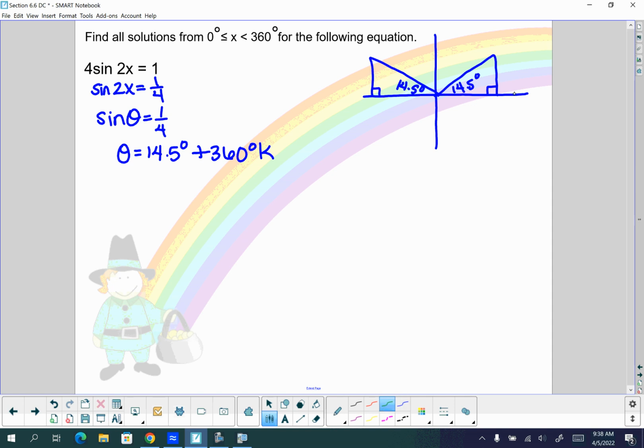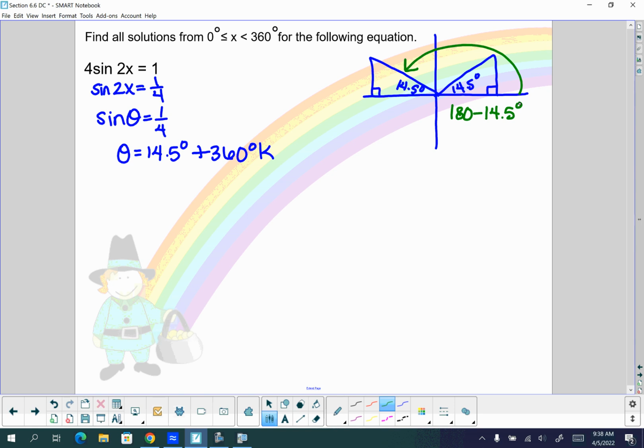So now the other solution for theta is going to be that standard form angle, that rotation from the positive side of the x-axis that takes us to that hypotenuse on the second triangle. So what's the calculation I'm going to do to get that? To calculate that green line, I need to do 180 minus 14.5 to get that rotation there.